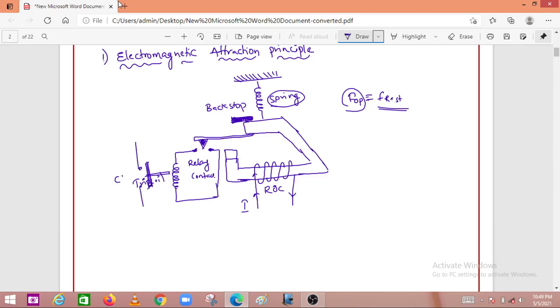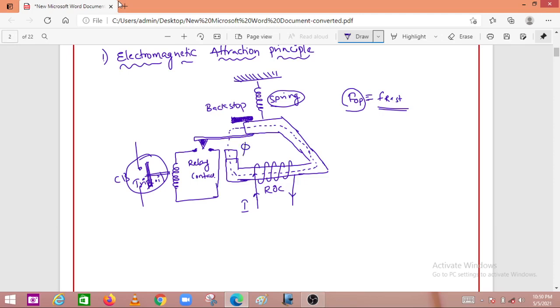So this is a circuit breaker. Whenever the current is flowing through this current coil, because of the flow of the current there exists a magnetic flux here. This is the magnetic flux which is flowing through the iron pot.